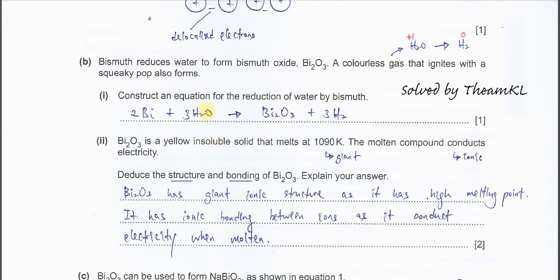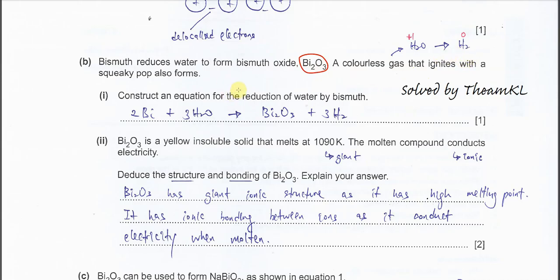Part B. Bismuth reduces water to form bismuth oxide, and a colorless gas that ignites with a pop sound forms. So this one is a redox reaction. So already told you the bismuth oxide is a product, and another product is obviously hydrogen, because it's a pop sound.